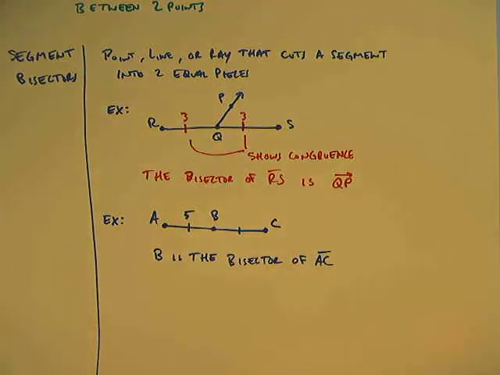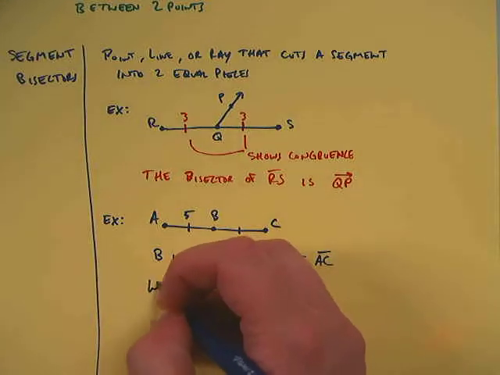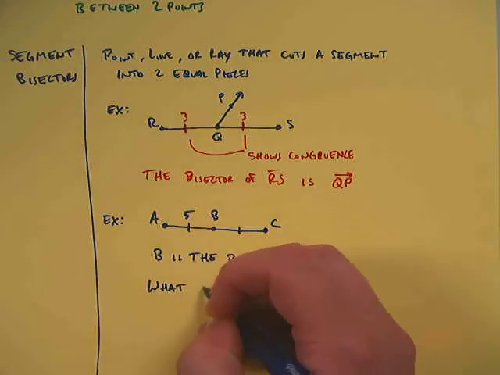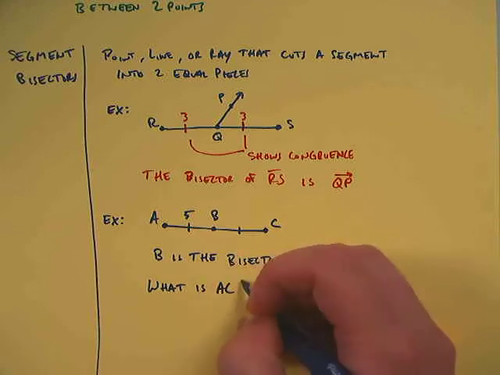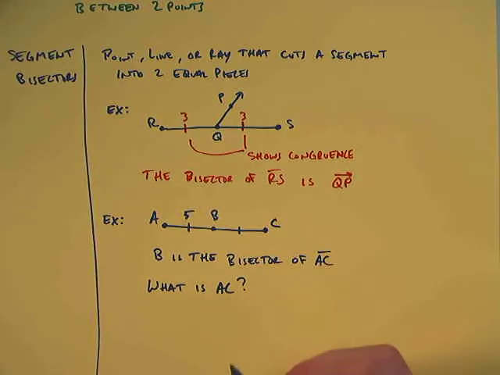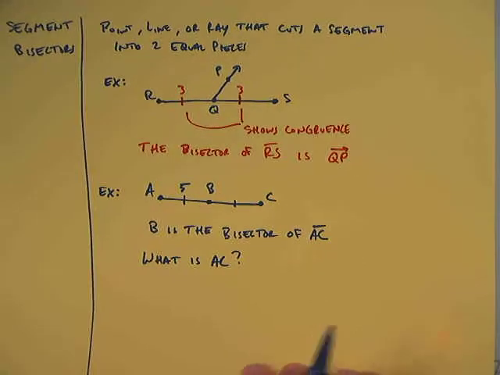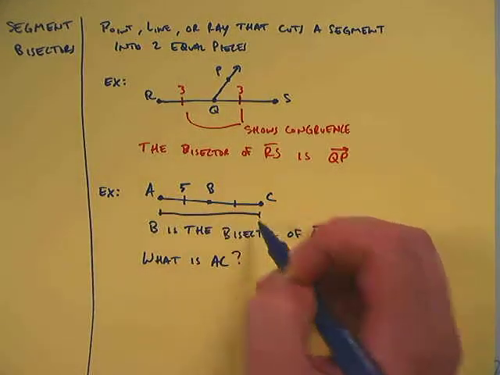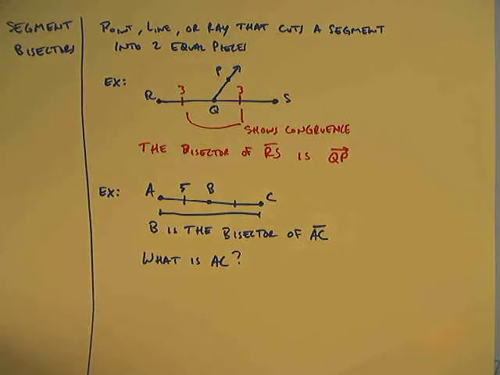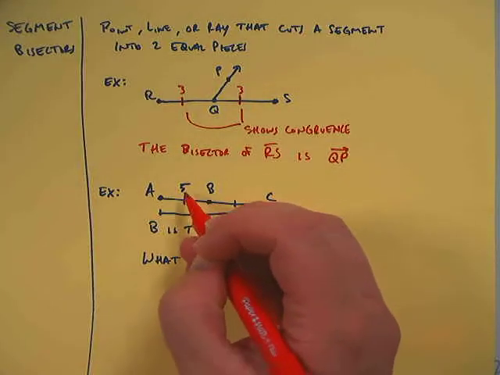Okay, but B is the bisector of AC, and let's say we know that AB is 5 units long. A question you might be asked is, how long is AC? Or what is AC? Because this just means the length of AC, right? Well, AC is the whole thing.